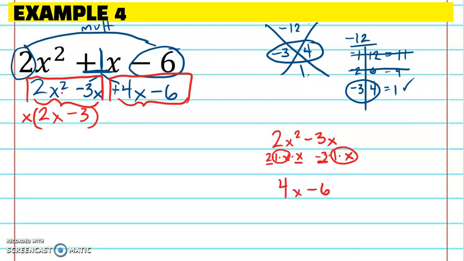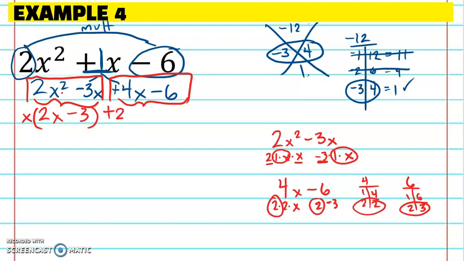All right, let's do the other one. 4x minus 6. Okay, so if I'm looking, you could do your tree, 1, 4, 2 times 2, 6, we have 1 and 6, 2 times 3, right? Okay, so I'm seeing 2, right? This is 2 times x. This is 2 times negative 3. Pull out the 2, so plus 2.